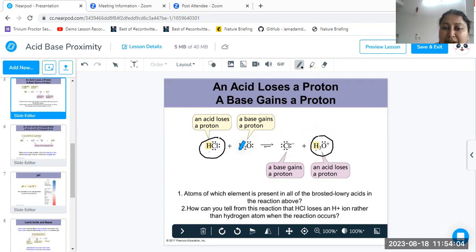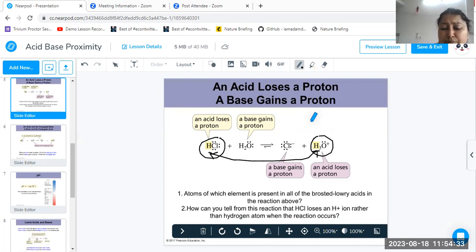So hydrochloric acid is the acid, water is the base, chloride ion is the conjugate base of the acid, and hydronium ion is the conjugate acid of the base, which is water. So the element whose atoms are present in both acids is hydrogen. It is present in both acids. Both the acids are hydrochloric acid and hydronium ion.